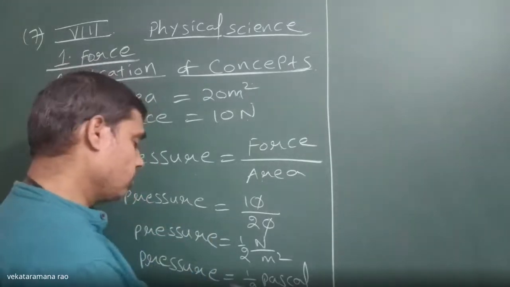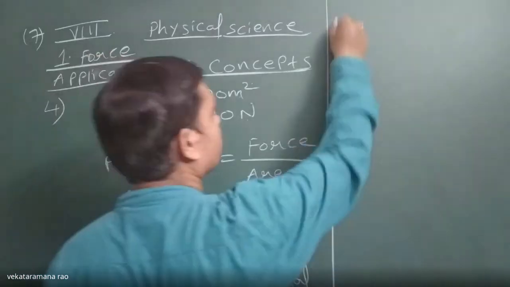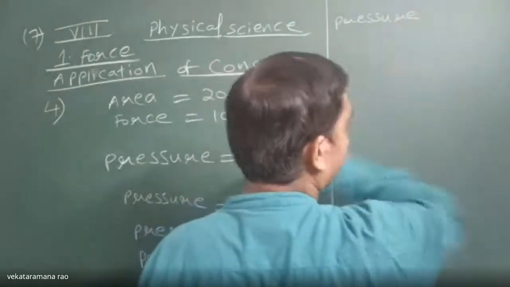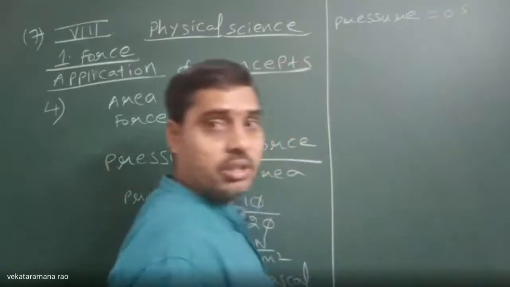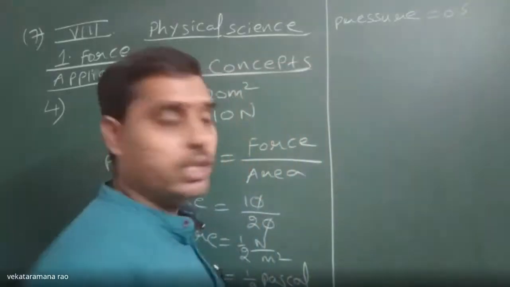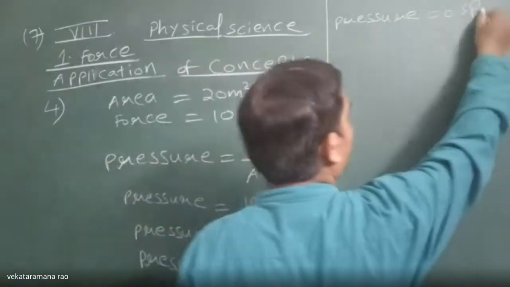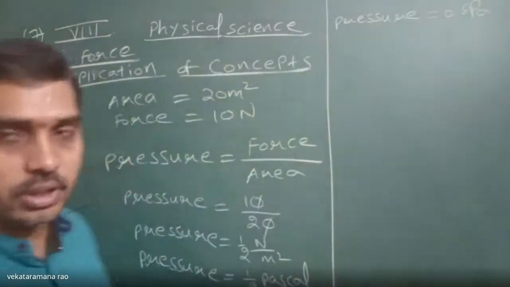Then how much did we get? The pressure exerted by that object is equal to 0.5 Pascal. We represent Pascal as Pa. In that way, we can write it.